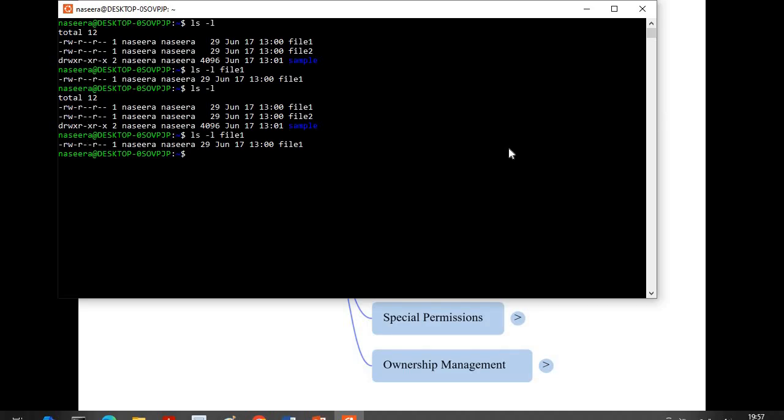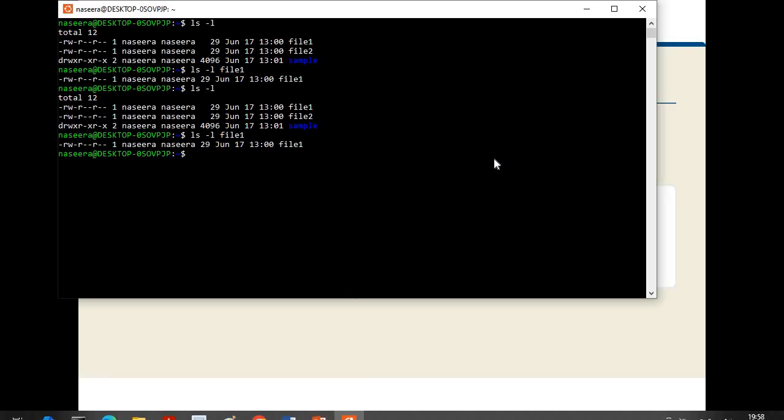Now let us understand the file permission structure. The permission structure has three parts. One for user or owner, another part is for group, and the third part is for others. Let us interpret these permissions for the various categories of users.